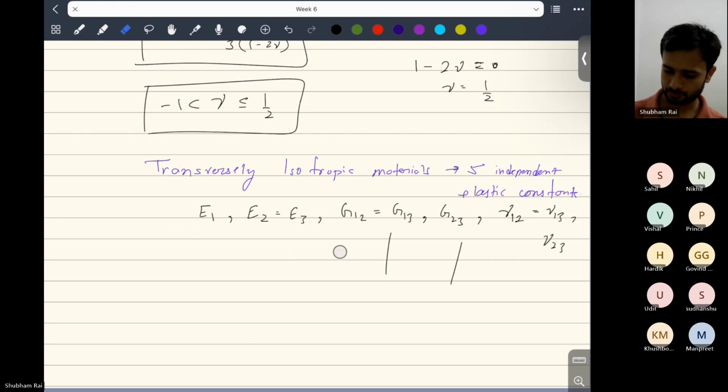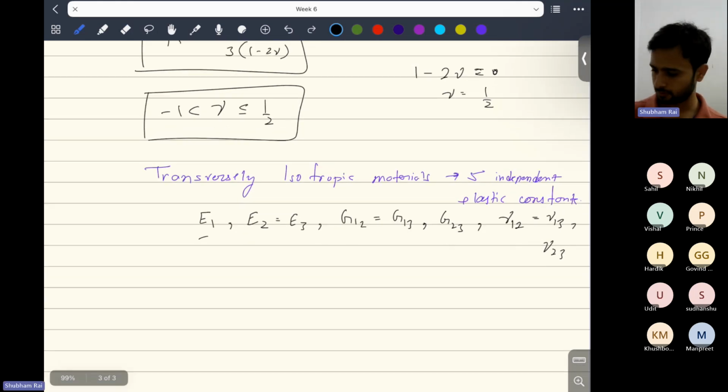So these are six independent constants actually. 1, 2, 3, 4, 6. But out of these six, only five will be independent. So yeah, actually there will be one more relation, so that will be given by nu21.